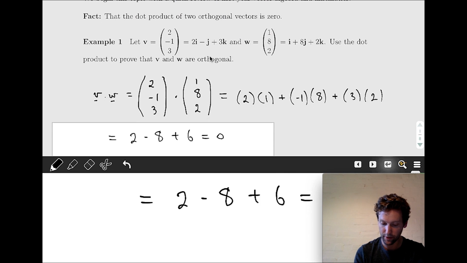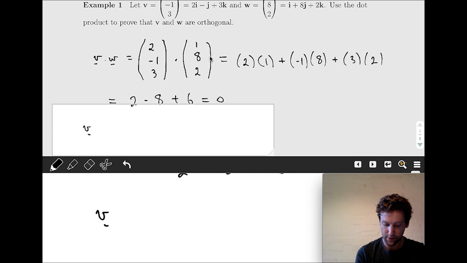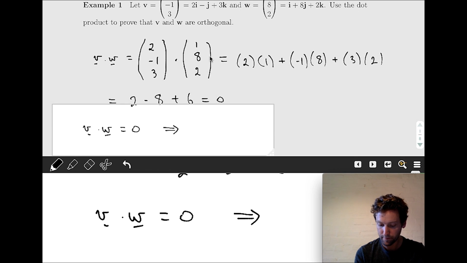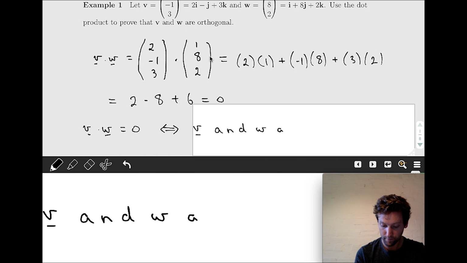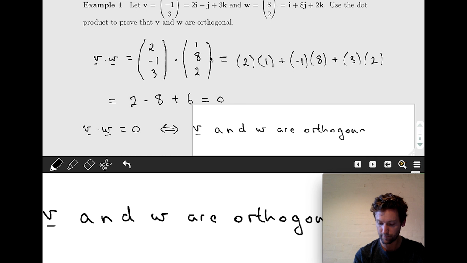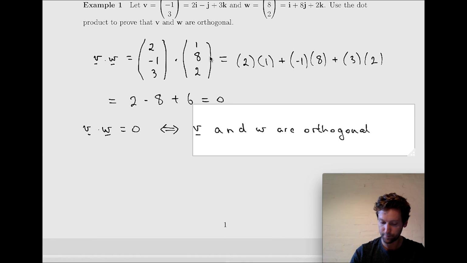And because the dot product of these two vectors is 0, that implies that v and w are orthogonal. Likewise, if I know that v and w are orthogonal, their dot product will be 0. So it goes both ways.